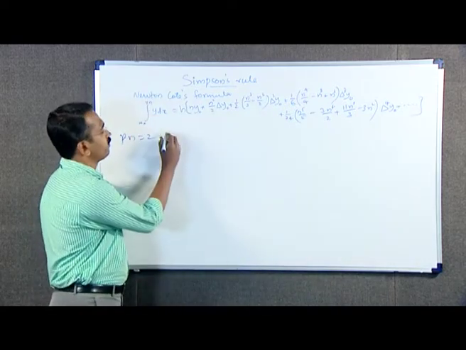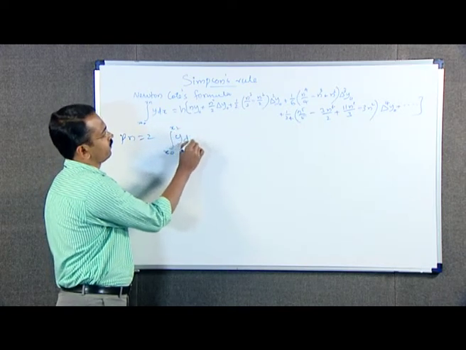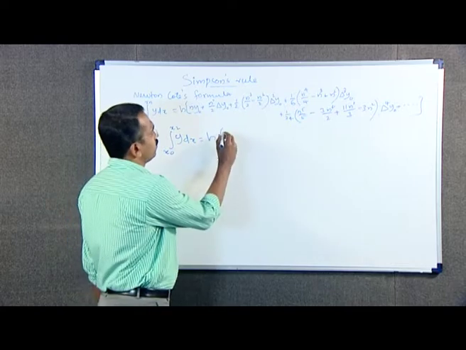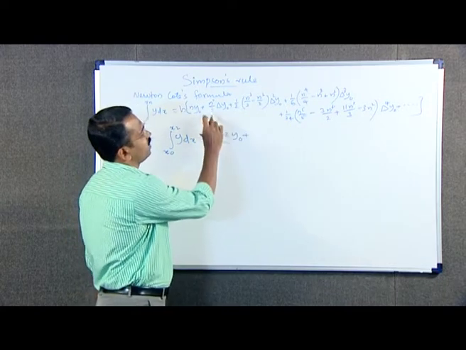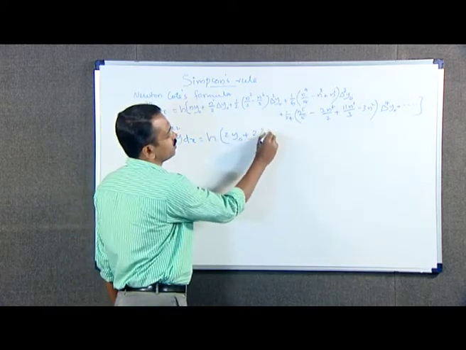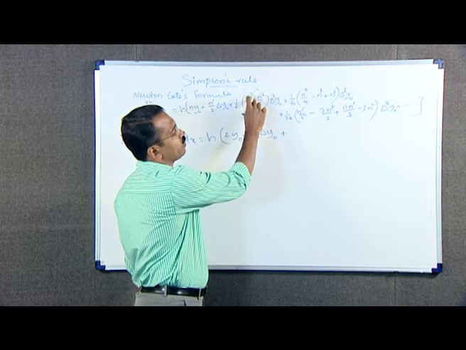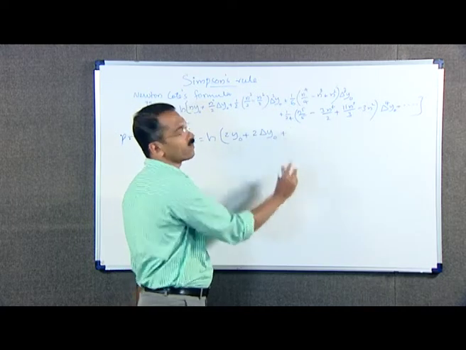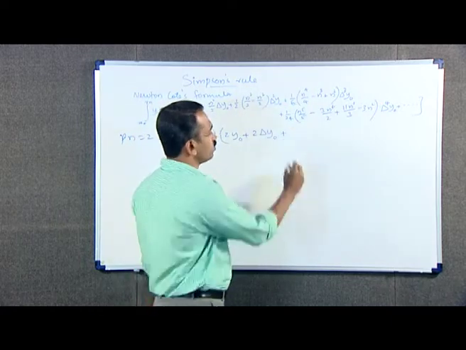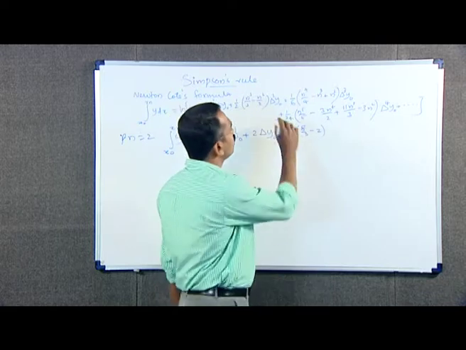We get integral from x0 to x2 of y dx is equal to h into [2 y0 plus, here 2 squared by 2 is 4 by 2, that is 2 times delta y0 plus 1 by 2 into (n cubed is 2 cubed, that is 8 by 3 minus 2, here 4 by 2 is 2), that is 1 by 2 into (8 by 3 minus 2) into delta squared y0].